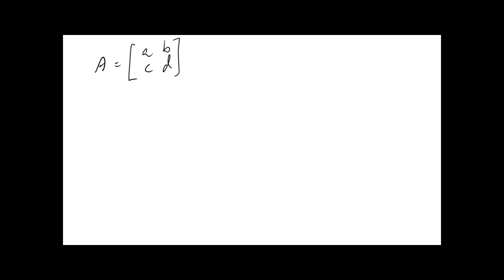Now, here's a statement: this A is invertible if and only if, IFF means if and only if, ad minus bc is not equal to 0. If that is equal to 0, it's not invertible. If ad minus bc is not 0, it is invertible.